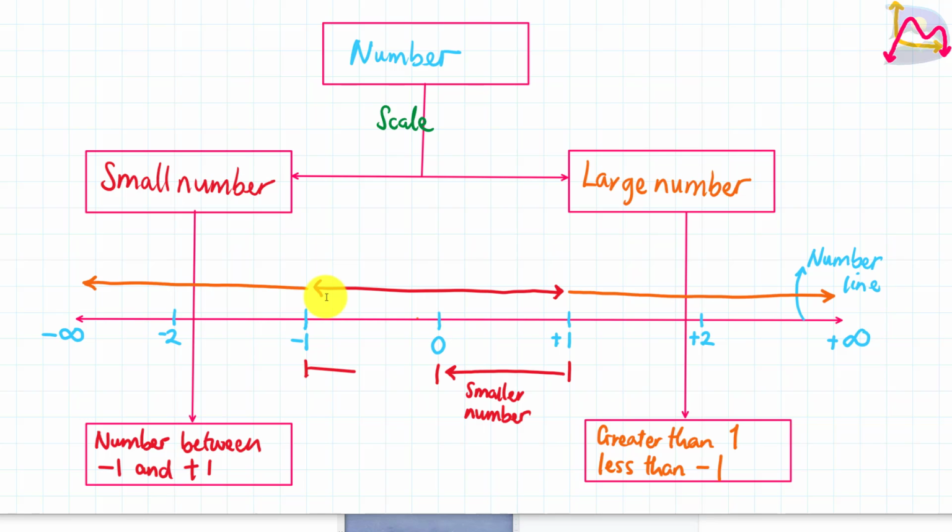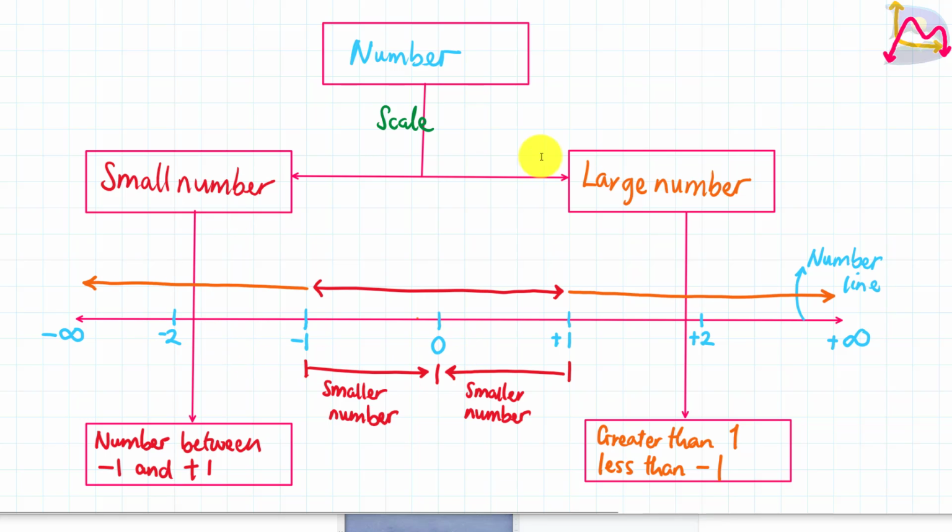Here we are going to the right, getting close to smaller numbers, and we can see this in standard form and scientific notation, and we're going to talk about that in future videos.